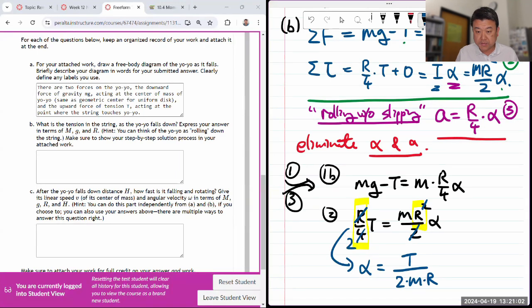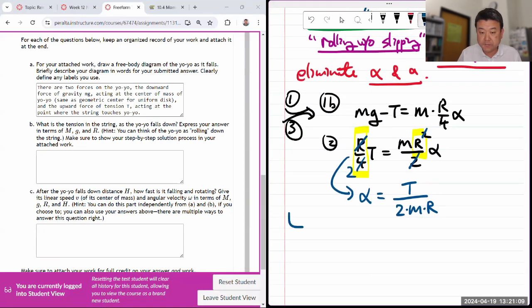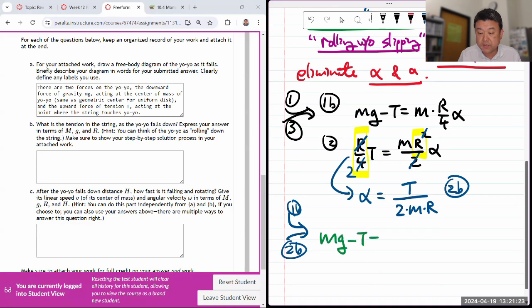Now I can plug in this alpha into equation 1b. So I get equation 1b and, I guess this is technically 2b. Then I end up with mg minus T is equal to mr over 4 times T over 2mr.